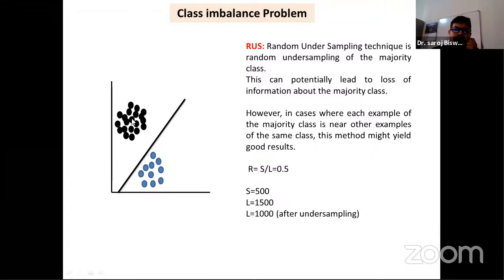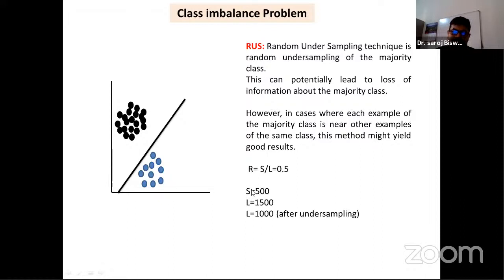So if some of them are omitted, much information will not be lost from the database. It is believed, right? Whenever we say the imbalance ratio, this imbalance ratio means S by L, meaning smaller by larger. So in this case, the ratio is how much? 0.5, because the smaller is how much? 10, and the larger is how much? 20. That's why the ratio is 0.5.